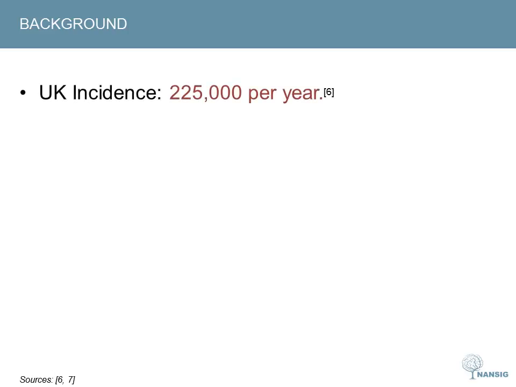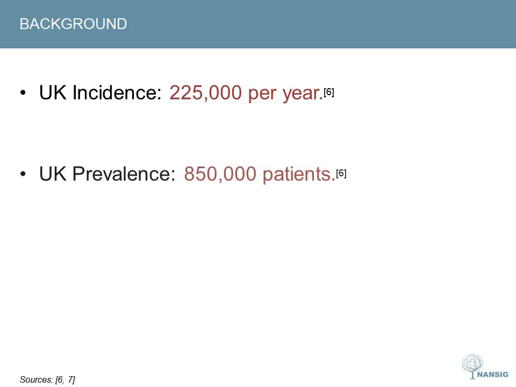We'll touch on epidemiology very briefly. Figures from the Alzheimer's Society in 2014 suggest an incidence of around 225,000 new cases of dementia per year in the UK. Prevalence is estimated at 850,000 patients at the moment in the UK. Of these patients, 40,000 were under 65 years of age and so fall into the early onset dementia bracket.